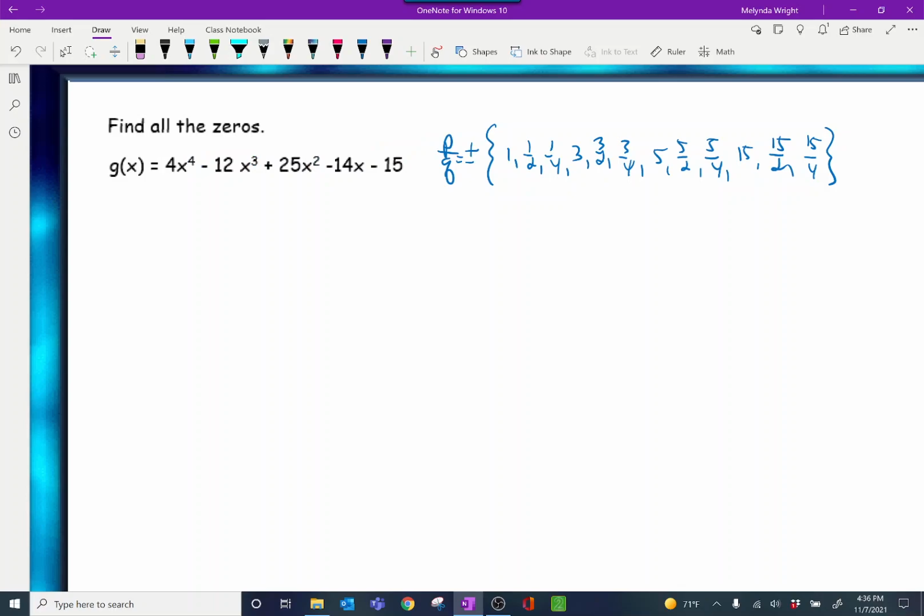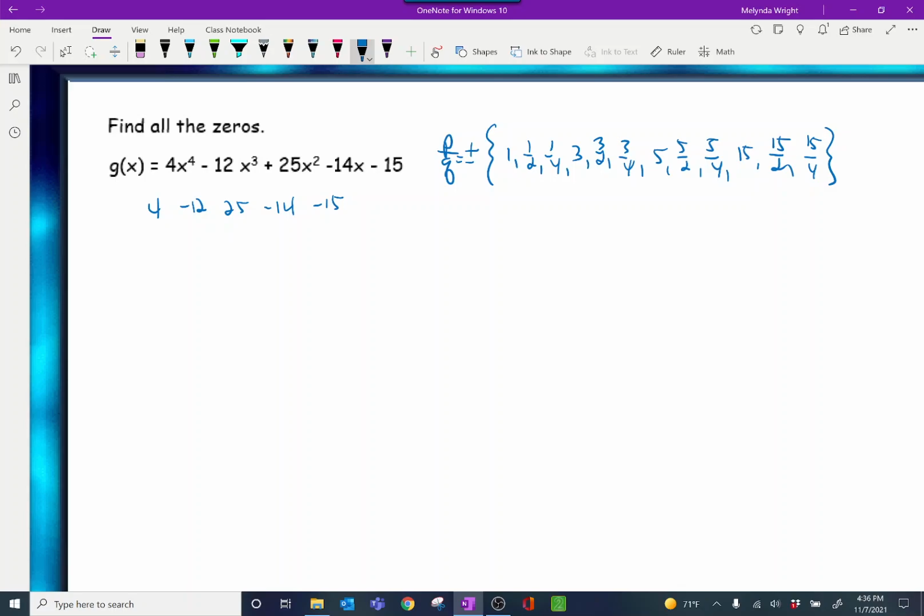So I would write out the coefficients of each of those terms: 4, -12, 25, negative 14, and negative 15. Okay, great. And so what we would do is we're going to choose one of those numbers, and we just said that there's 24 possible solutions. So we hopefully will get lucky and pick one of them quickly.